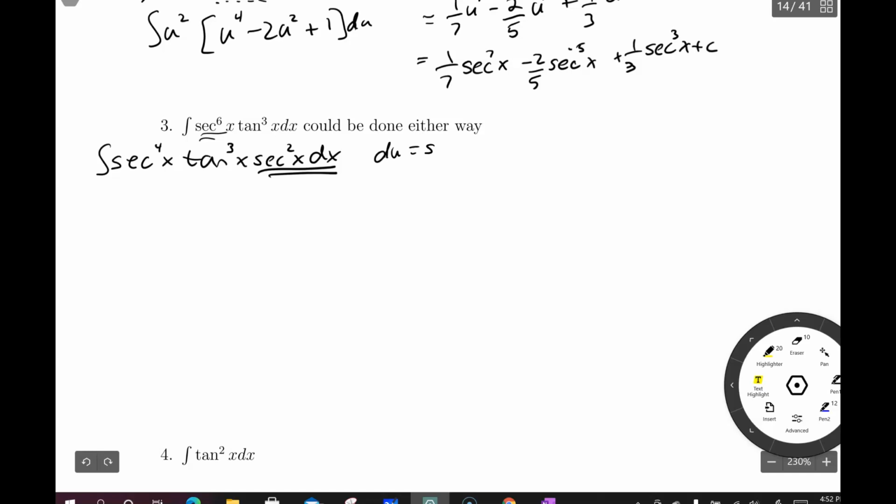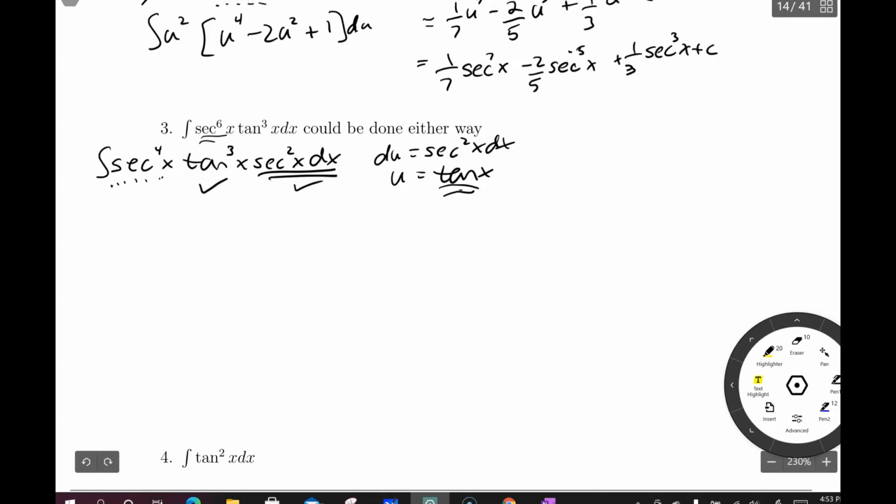So if my du is secant squared x, then my u will be tangent, because I know my derivative of tangent is secant squared. So if my u is tangent, that will be taken care of, right? Making u substitution work, that will be taken care of. So I would need to rewrite secant to the fourth.